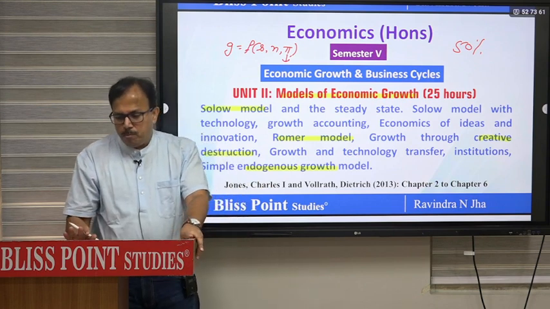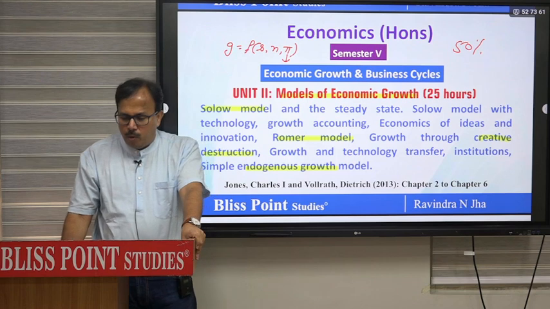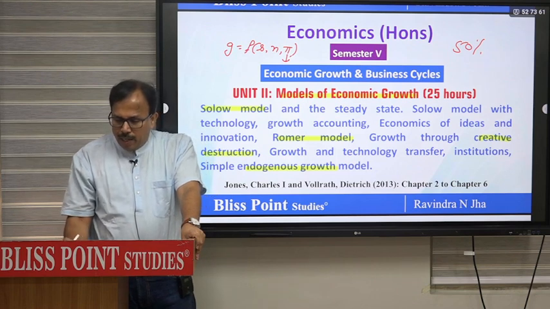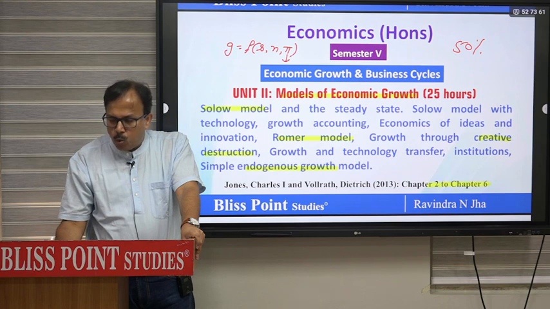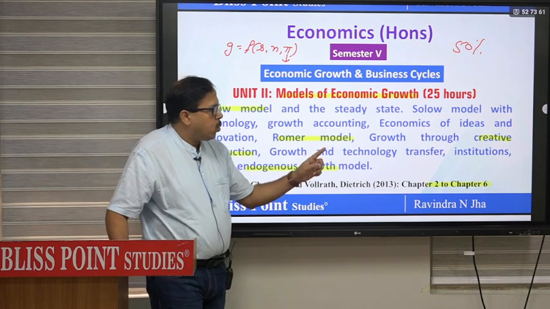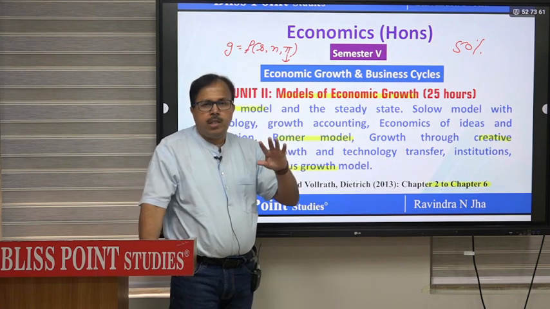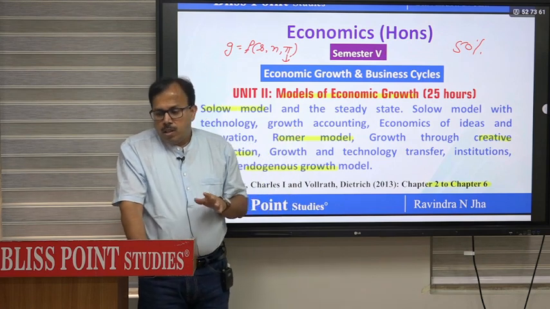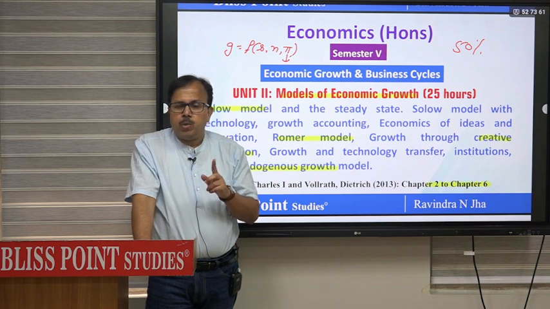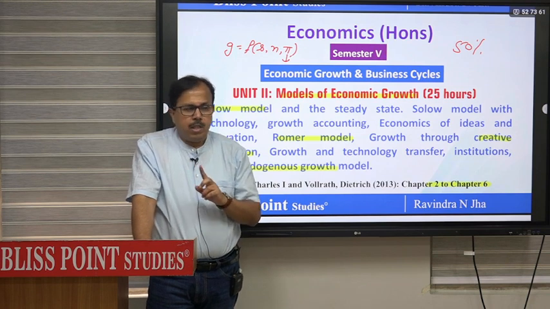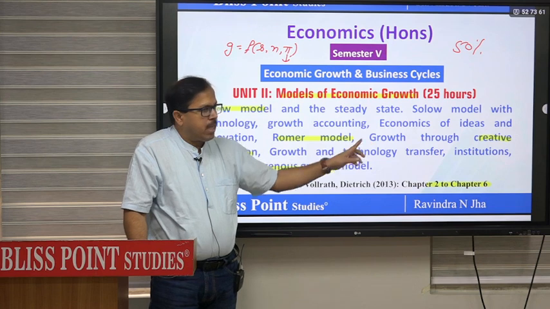There are certain examples of endogenous growth models, mainly we will be covering the Romer model. The second unit is going to be a very important one. For that second unit, chapters 2 to 6: chapters 2 and 3 will be dealing with the Solow model part. Chapters 4 and 5 will be related to the Romer model, and chapter 6 will be creative destruction.